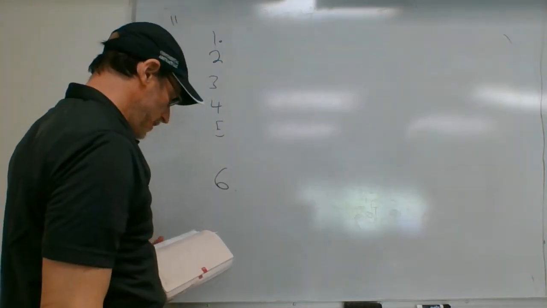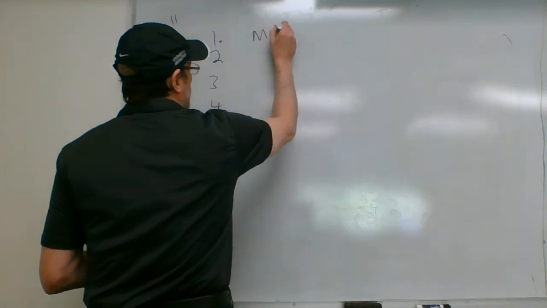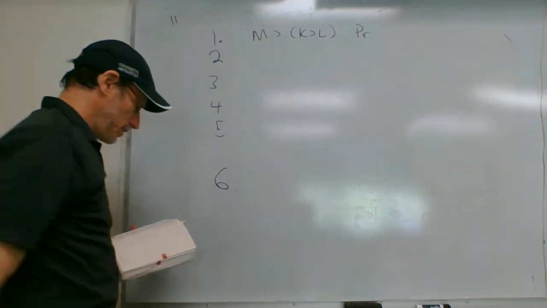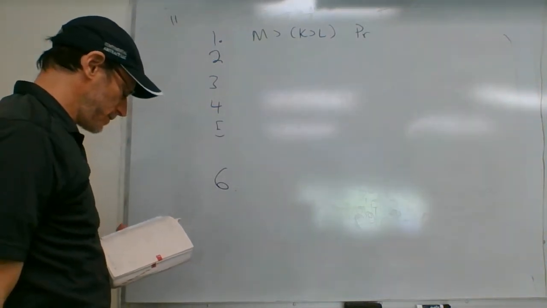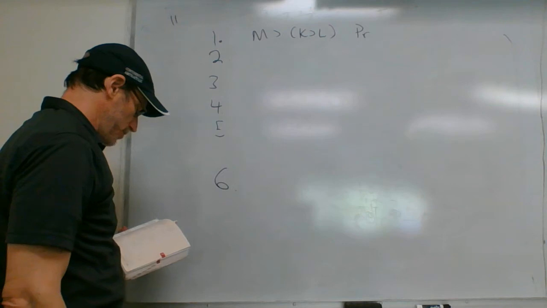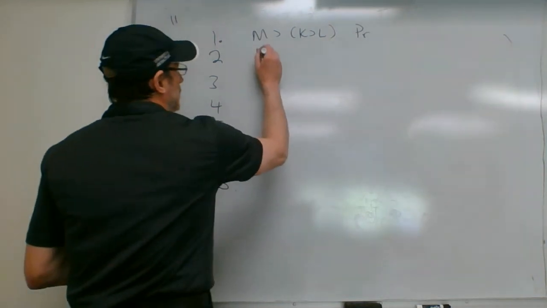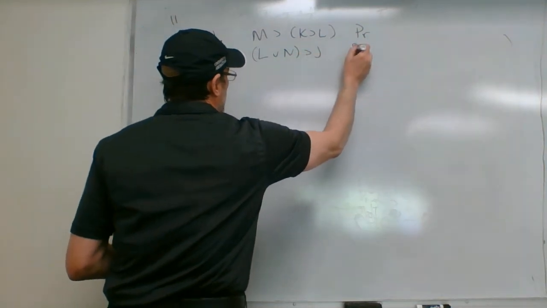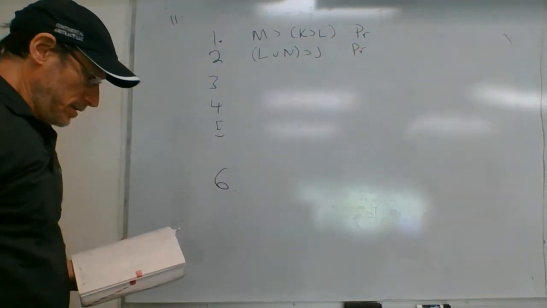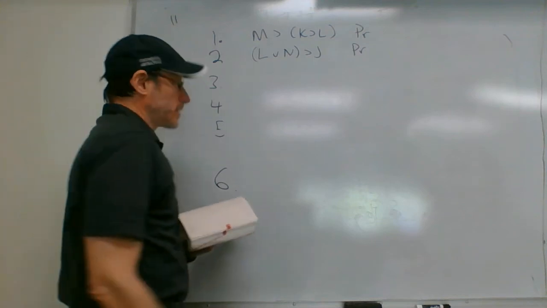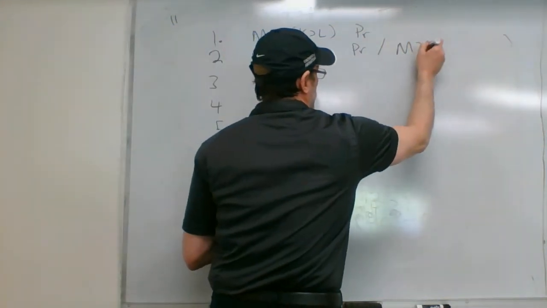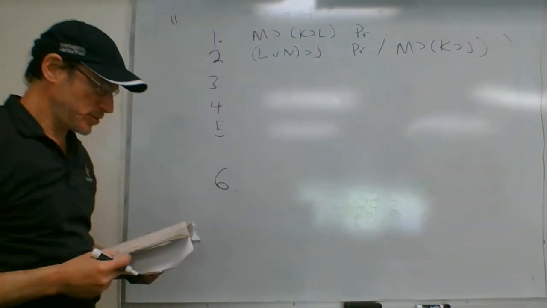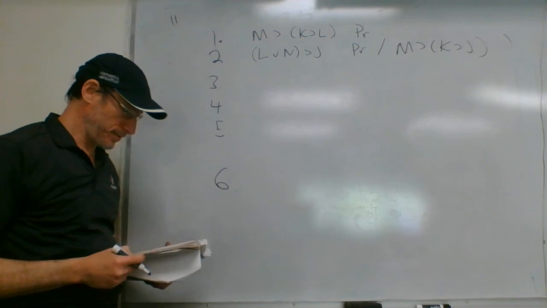This is M horseshoe K horseshoe L. And we have L wedge N horseshoe J. And we're trying to prove M horseshoe K horseshoe J. All right, M horseshoe K horseshoe J.